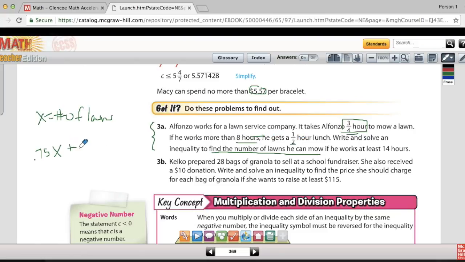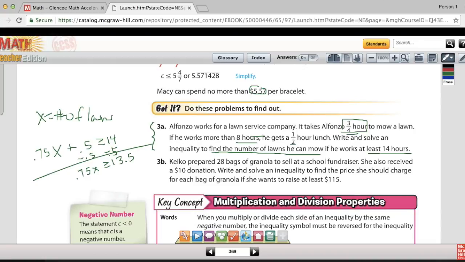So we have to add in 0.5 for his lunch. And then it says if he works at least 14 hours. So you can go over 14. So I'm going to say greater than or equal to 14. If we take away that half-hour lunch, that means we have 0.75 times the number of lawns greater than or equal to 13.5.